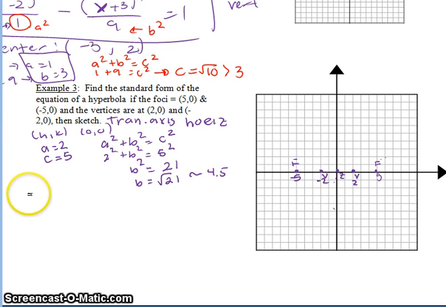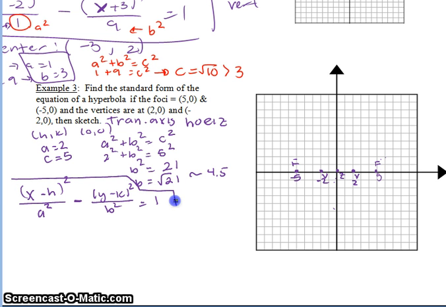Okay, so the standard form when the transverse axis is horizontal is x minus h squared. The x comes first since the transverse axis is horizontal, over a squared, because a squared is first in both equations. For a hyperbola, it's minus y minus k squared over b squared equals 1. So that would be the generic standard form.